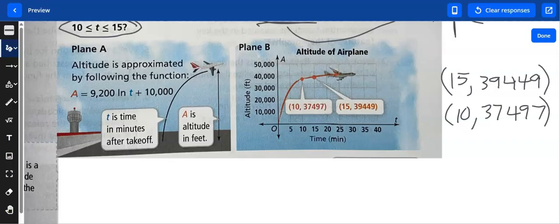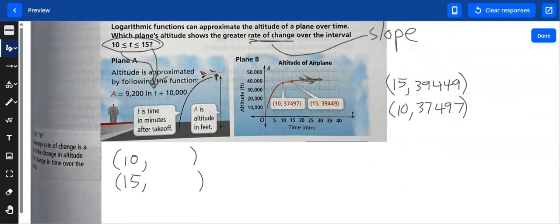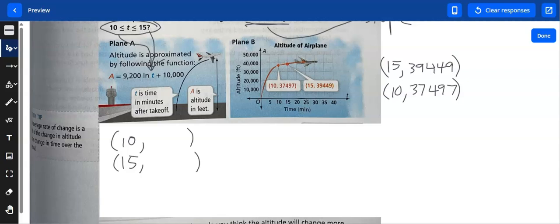Yeah, we've got to figure them out. In other words, you're going to have to find them first by plugging those numbers in for the time, obviously one at a time. Use your calculator to find those, and then you need to find the slopes of each, so we can answer this question.